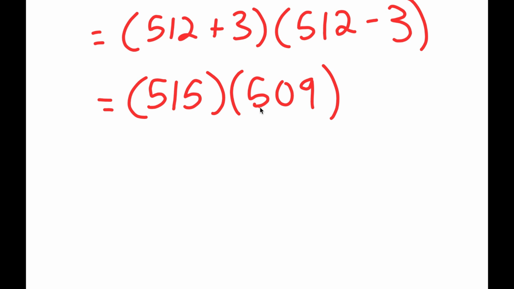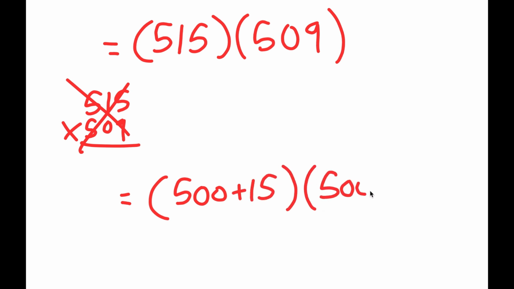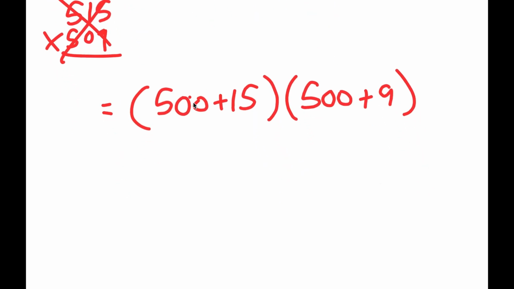Now, what most people would do from here is just multiply these two the regular way, and this is not the most efficient way because it takes way too long. So an easier method is to rewrite this as 500 plus 15 times 500 plus 9. And now what I can do is distribute.